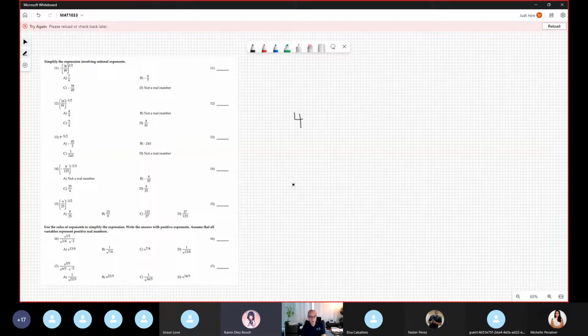And after, we go directly to the problem. Suppose we have 4 raised to the exponent 3 over 2. What does this fraction mean? It's a fraction exponent.